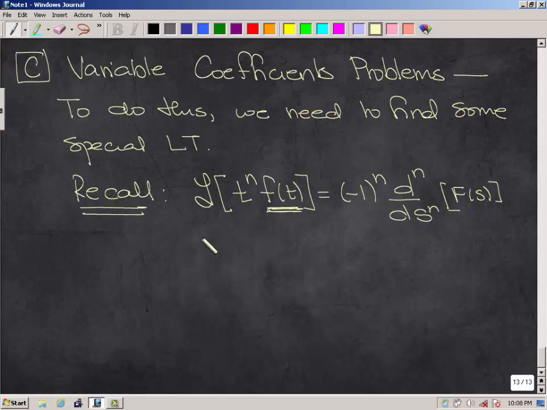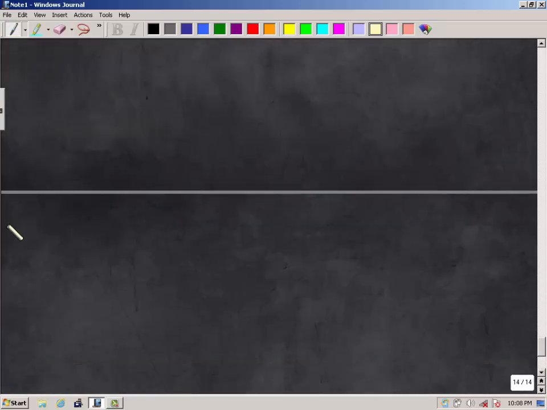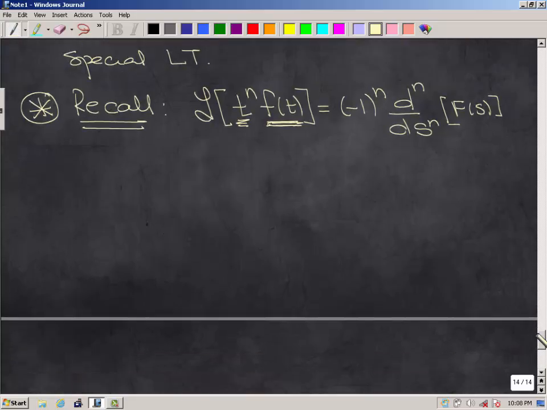Okay, so we're going to exploit this to find some new Laplace transforms that we're going to need to solve variable coefficient problems. Because you can see there's a variable here, and let me show you what I mean by that.